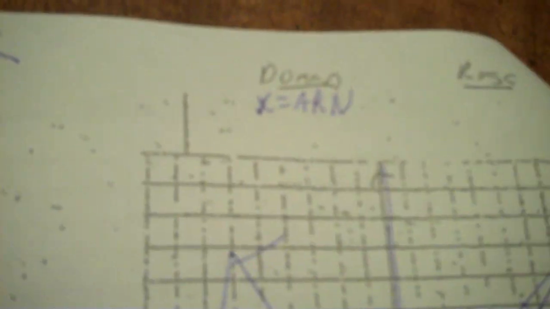It's on both sides of that vertical line, so all x values apply. So x equals ARN, all real numbers. But the range is a different story. I make a horizontal line through the vertex, and the range is only above. So I write y greater than or equal to the y coordinate, which is negative 3.